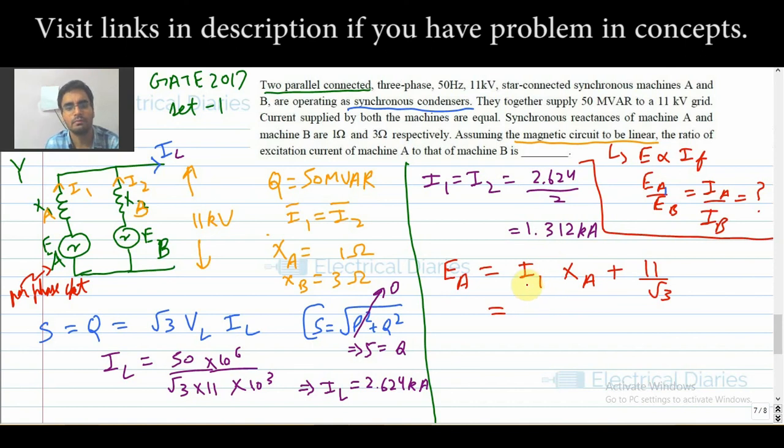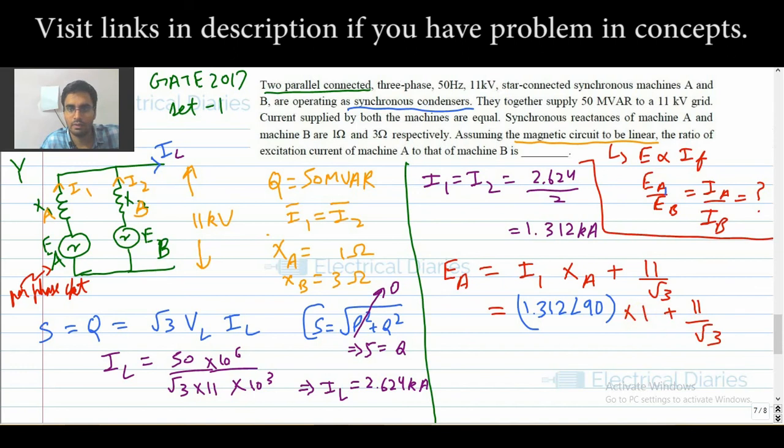The important thing is, the motors are behaving as a condenser. That means they are acting as a capacitor. A capacitor is always a leading power factor load. So if I write I1 in angle form, the current will be written as 1.312 at an angle 90 degrees, into XA is 1, so J1, plus 11 by root 3.